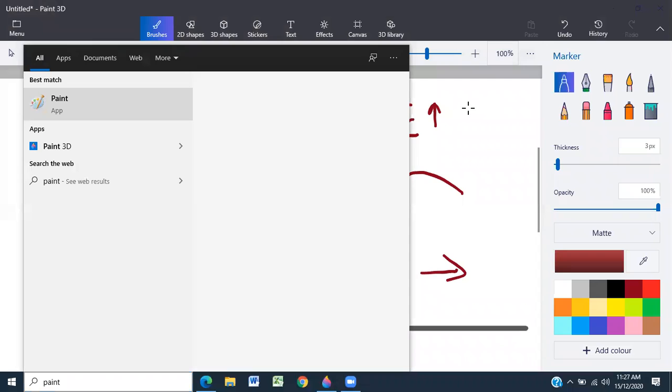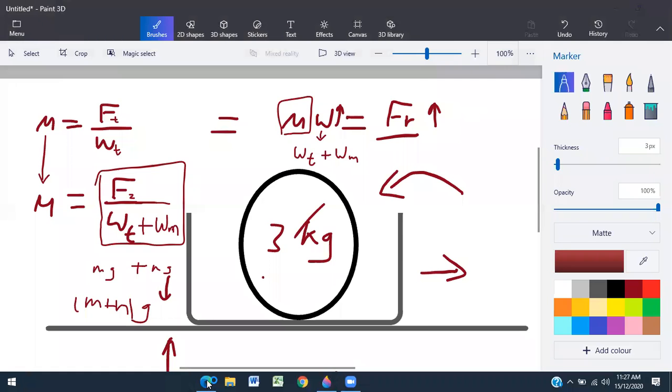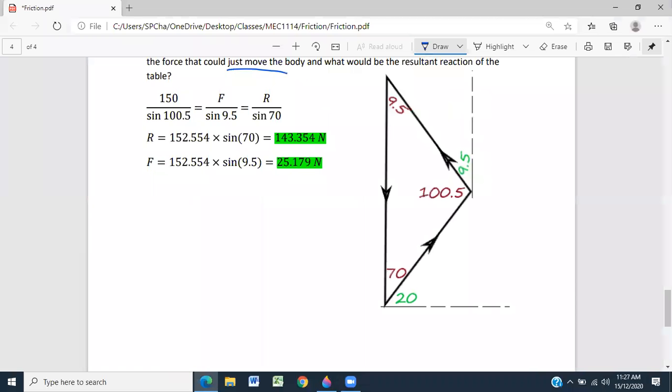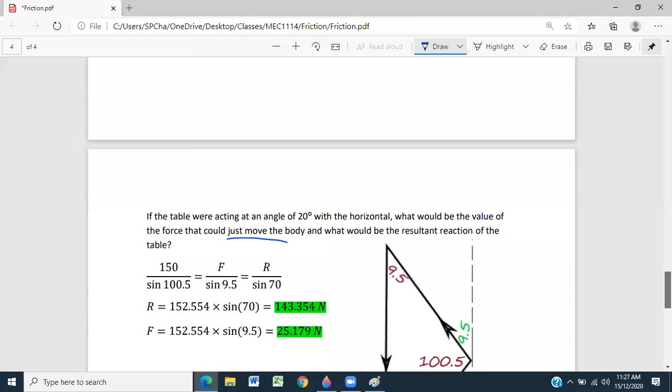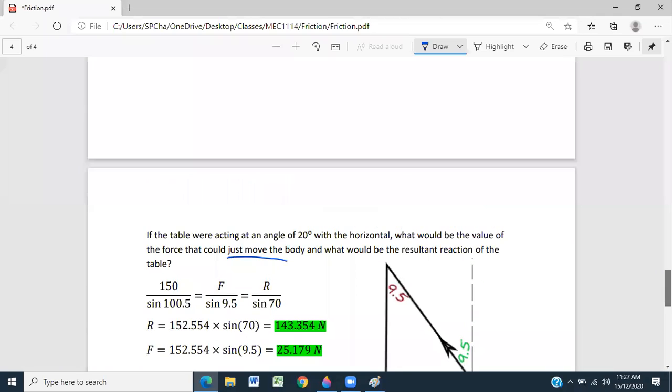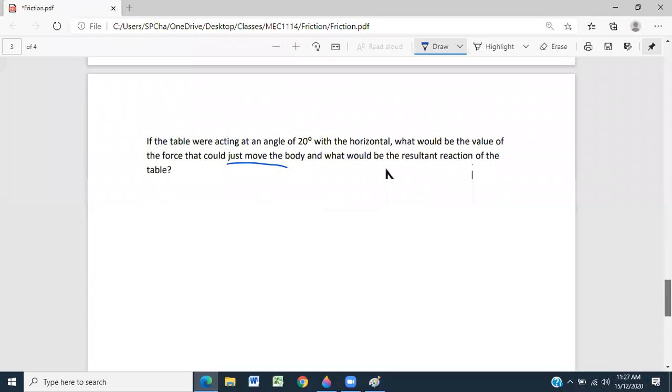Sir, even if the angle changes, the coefficient of friction would stay the same? If the angle changes, would the coefficient of friction stay the same? Yes, but your weight would change. So let me draw it out and I'll show you.